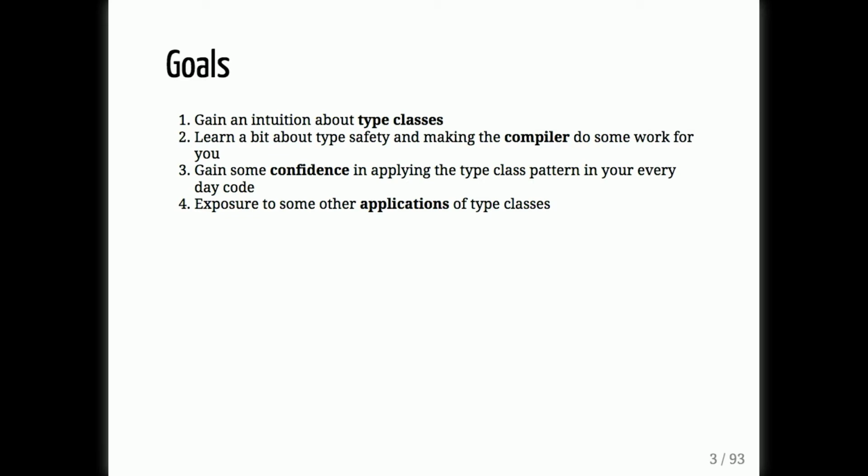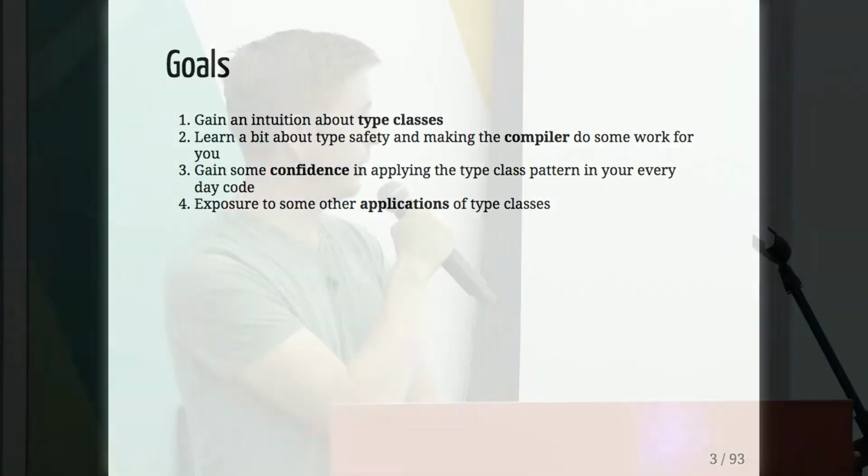So the main point here is we want to make the compiler do some work for us. So let's let the Scala compiler work for us. Hopefully also you'll gain some confidence in seeing this pattern, how to apply it, where to apply it, and then see some applications where maybe you might not be familiar with type classes.